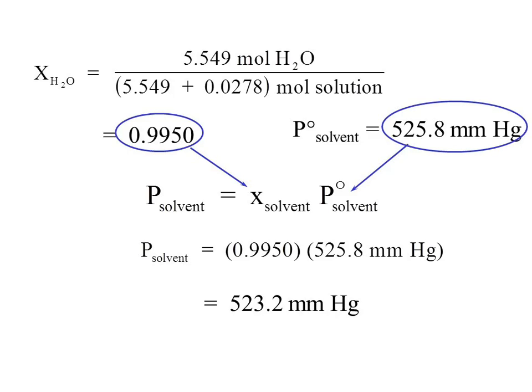This one should be lower than the P naught. And it is. I guess it will always be lower if the mole fraction is less than 1. So yeah, this is where this then obviously is this one right here, right? So left. Okay.